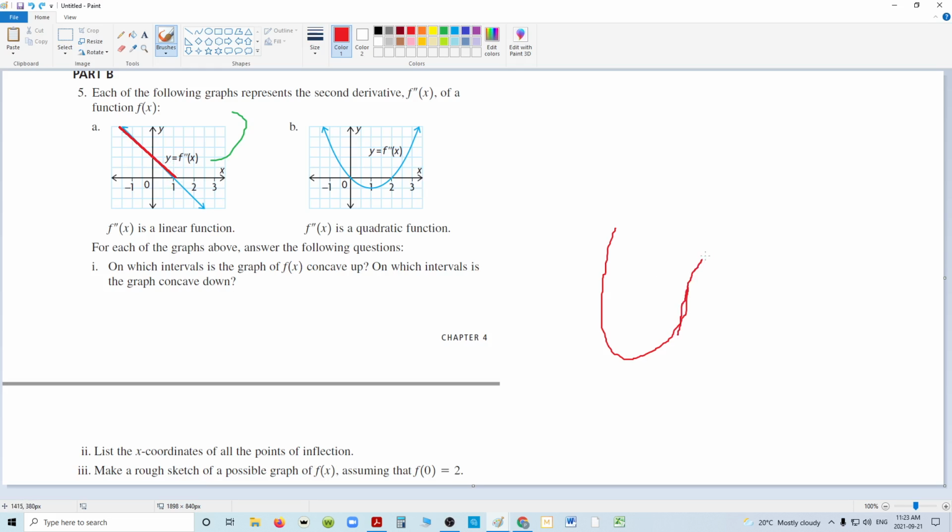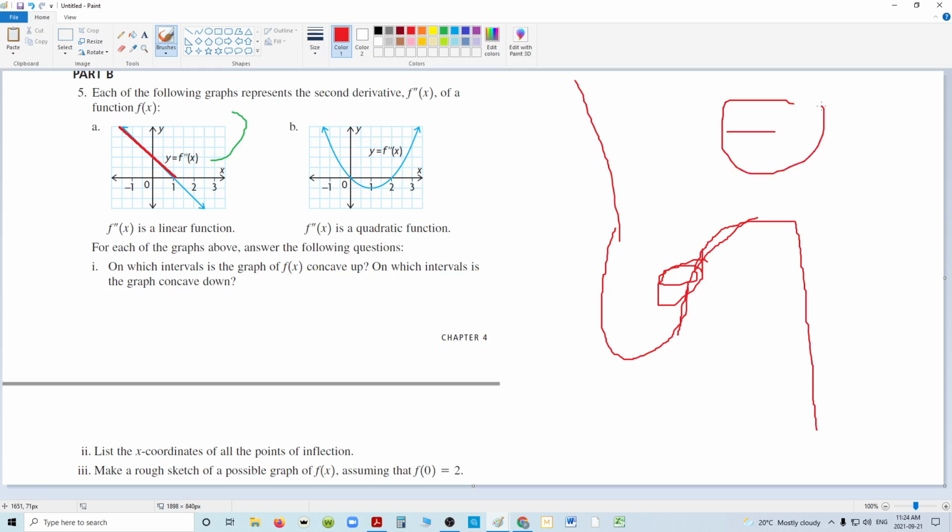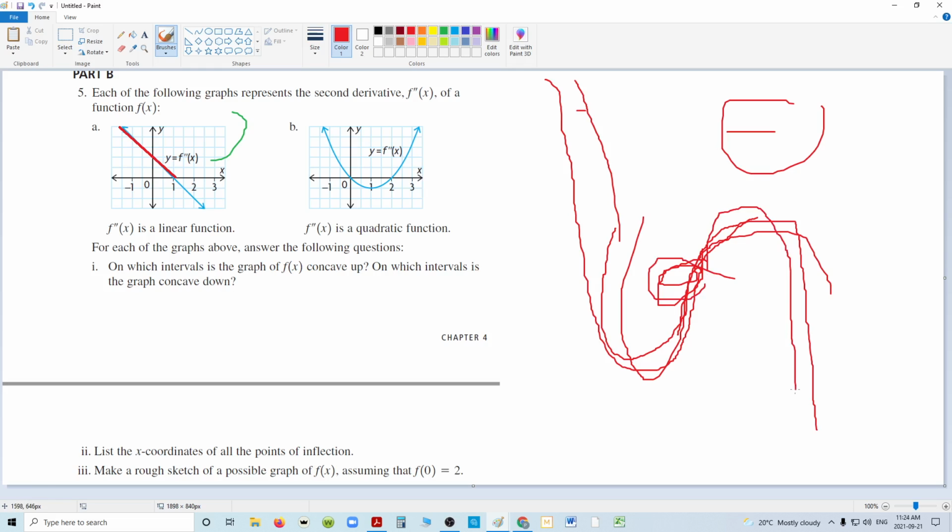That means that's the inflection point where it starts to turn and become concave down. What does this negative mean? It means from that inflection point on, it's concave down. Which tells me that this cubic is going to have a negative leading coefficient, because it's starting up here instead of the usual down here. It's going to start by going down, and then its inflection point is going to become up.